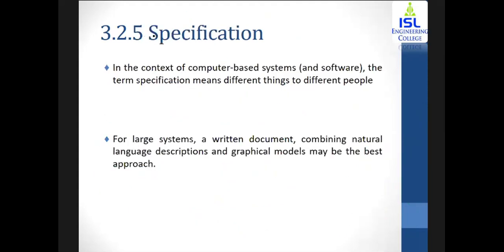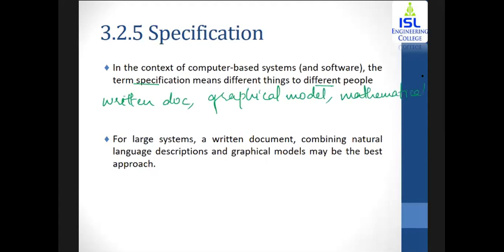The fifth task is specification. In the context of a computer-based system, the term specification means different things to different people. A specification can be a written document, a graphical model, a mathematical model, or a collection of user scenarios.